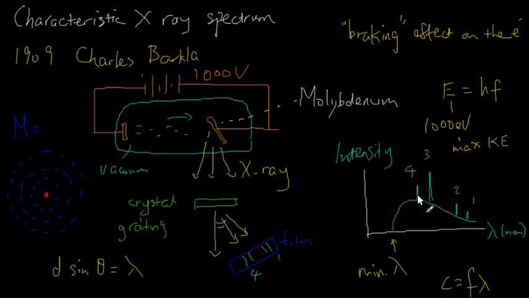So the peaks here, after years of study by people, this biggest one has been found to be due to a transition from the second orbit to the first orbit. Okay, that one here. And this is often called the K alpha line, where K is the name given to the first orbit.